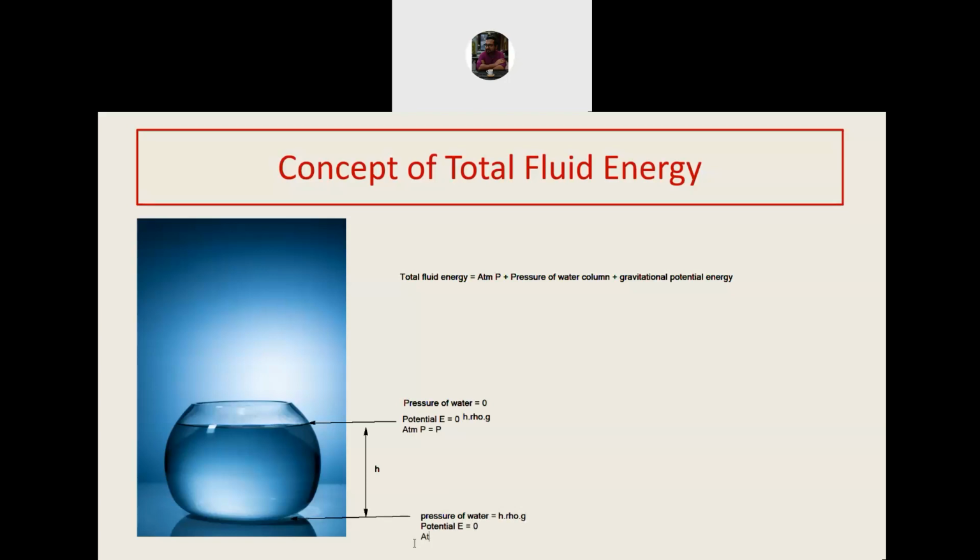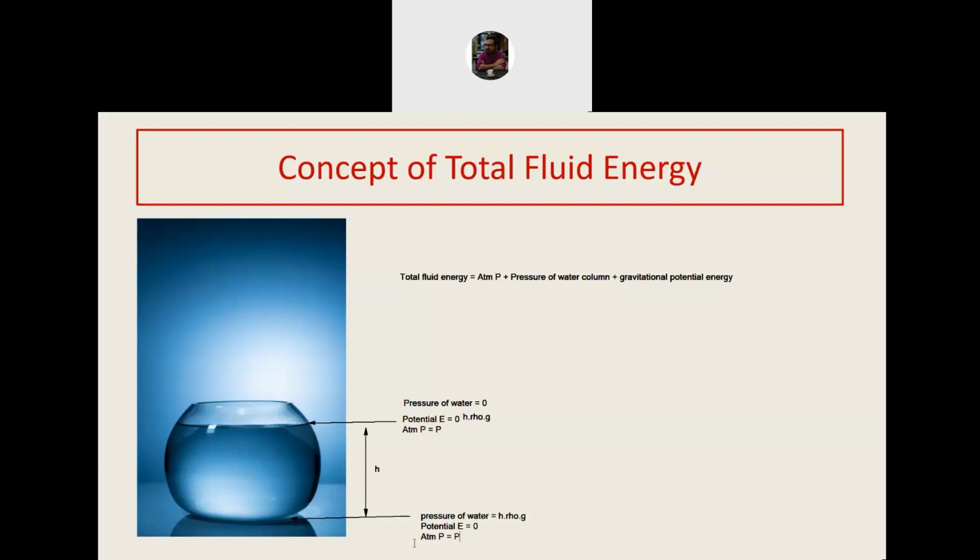And atmospheric pressure is assumed to be the same within this small gap, and therefore equal to P. So you see that the sum of the three energies is the same in both cases. In the first case, water pressure is 0, but gravitational potential is h rho g. In the second case, water pressure is h rho g, but the gravitational potential is 0. Ultimately, the total energy, that is called the total fluid energy, at the surface of the water and at the bottom of the water are the same.